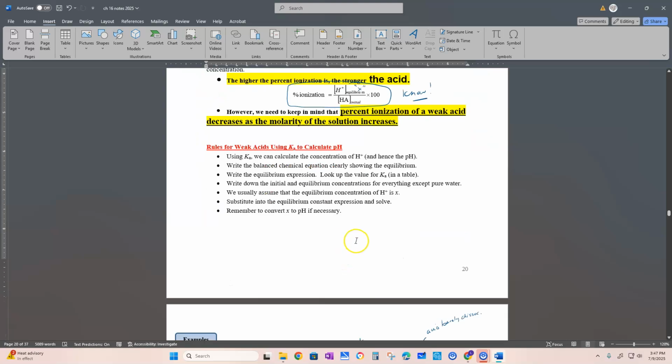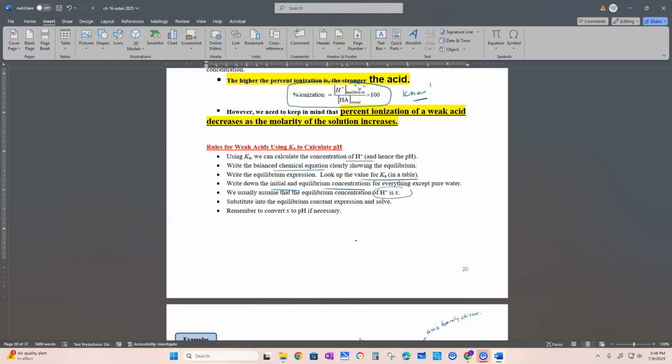So in the notes right here, I just showed you exactly what we did. Using the Ka, we can calculate H plus using our balanced equation, showing equilibrium. Look at the value of Ka, but I gave you the value. There is a table that we're going to use. Write down the initial and equilibrium values, not water.